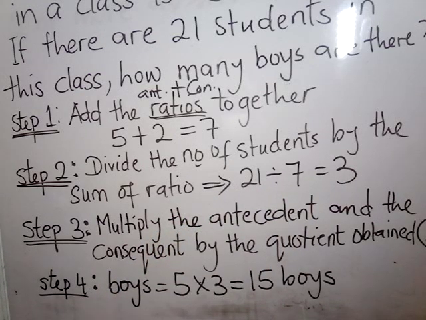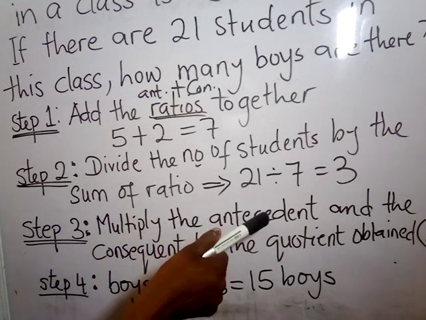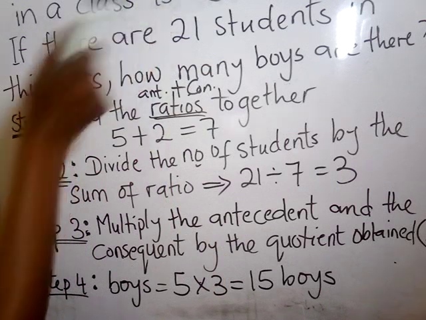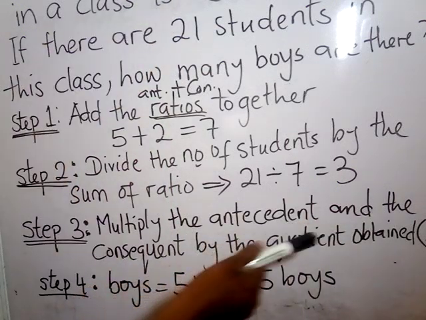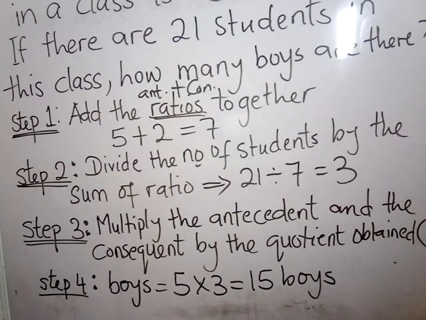Now step 3, you multiply the antecedent and the consequent by the quotient obtained to get the 2 values you're looking for.